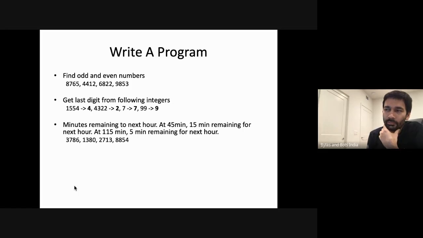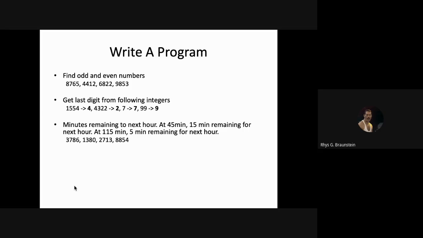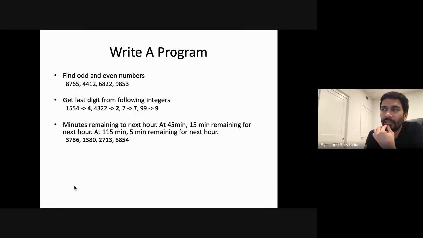So if you do 45 modulo 60, you'll get 45. We all have seen that if you divide a smaller number by a bigger number, the smaller number is the remainder. So 45 modulo 60 will give you 45 and not 15. Right? So how will you get 15 out of that?